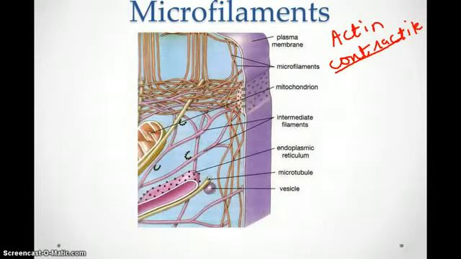It's a type of protein that can get really tight and then get really loose, and its function in the microfilament is to create the structure of the cell. Microfilaments give structure to the cell, and they're made out of actin.